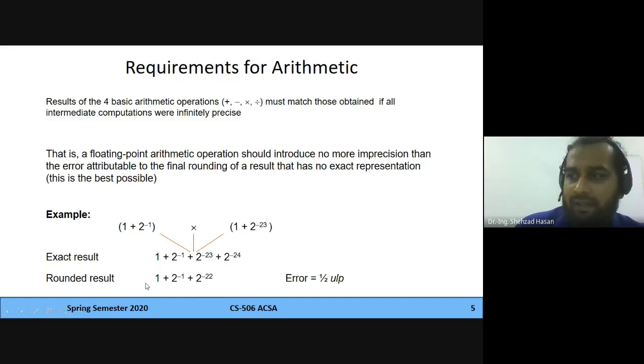But in both these cases, either it's 1 plus 2 to the minus 1 plus 2 to the minus 22, or it's 1 plus 2 to the minus 1 plus 2 to the minus 23, the error is less than, actually equal to, half of a unit of least precision, which is 2 to the minus 24, right? So this is the rounded result, because we have taken this and rounded it off, and when we round this off, this is going to become 2 raised to the minus 22, right? Right or not? Yes. Are you getting this?